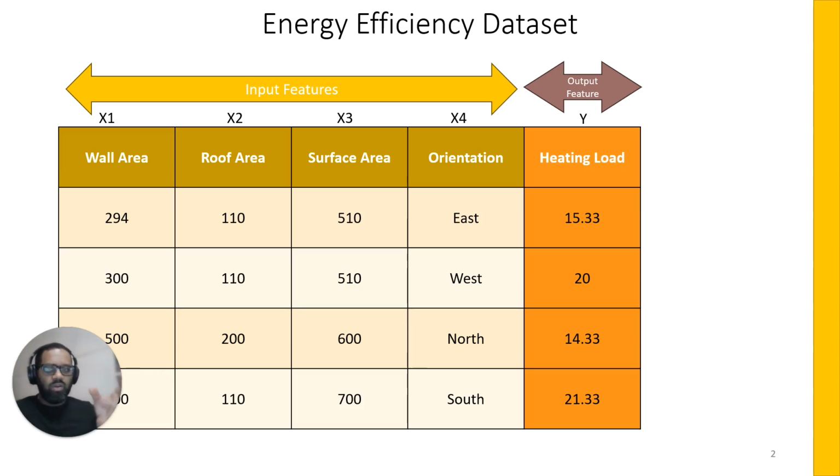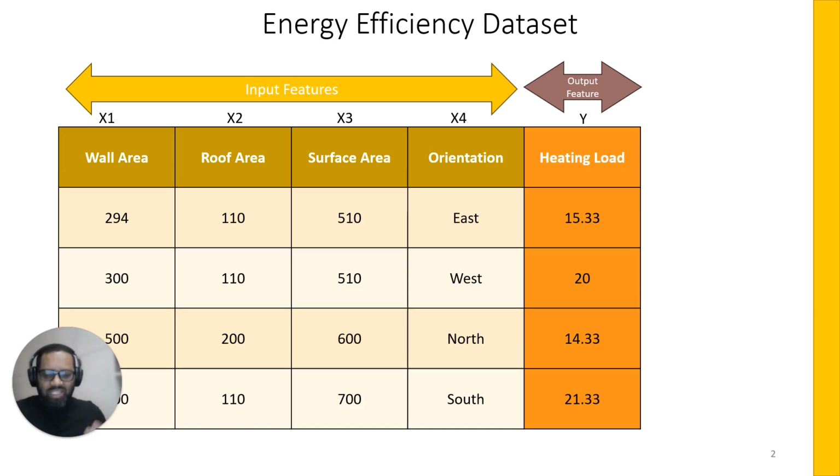And last, you have the orientation of this building related to east, west, or south. Based on these input features, you get one output feature, which is heating load, which means the total energy required to heat that particular building.